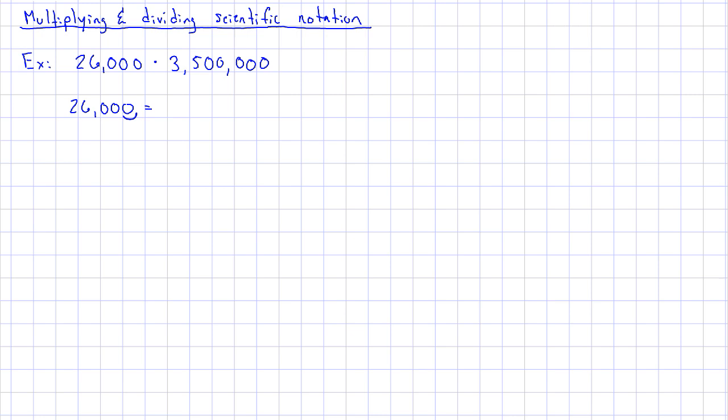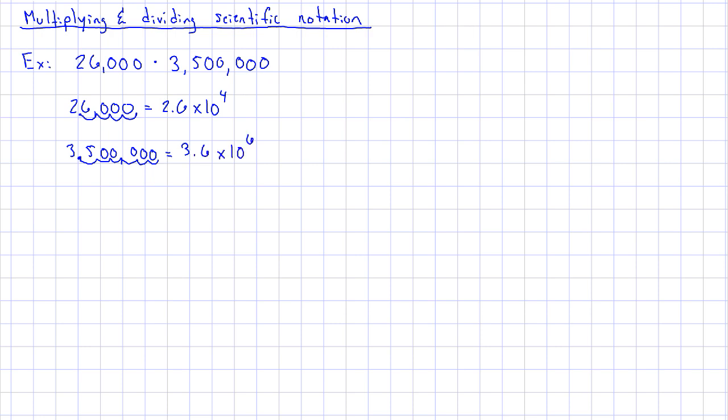So I have 1, 2, 3, 4. So I'll end up with 2.6, and the counting, the 4, tells me what the exponent should be on my 10. So 2.6 times 10 to the 4th. The 3.5 million, again, I'm going to count 1, 2, 3, 4, 5, 6. This is going to be 3.5 times 10 to the 6th.